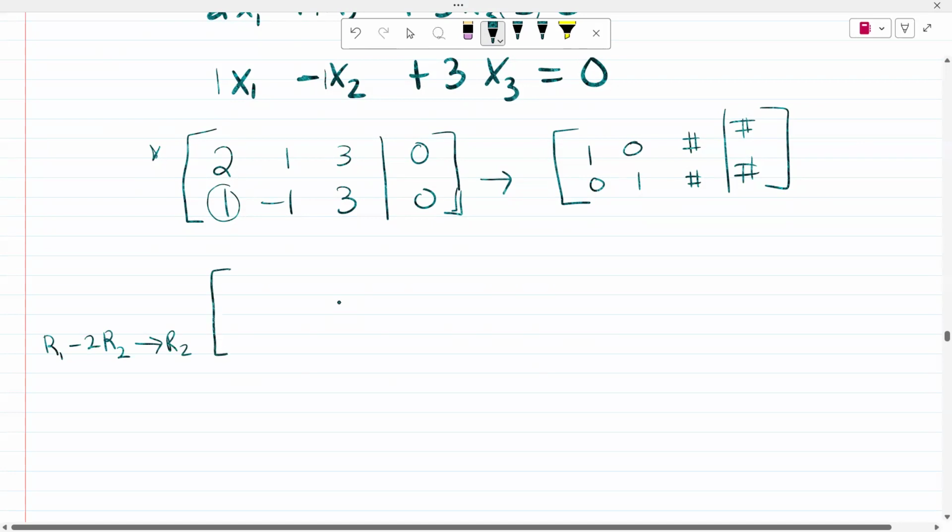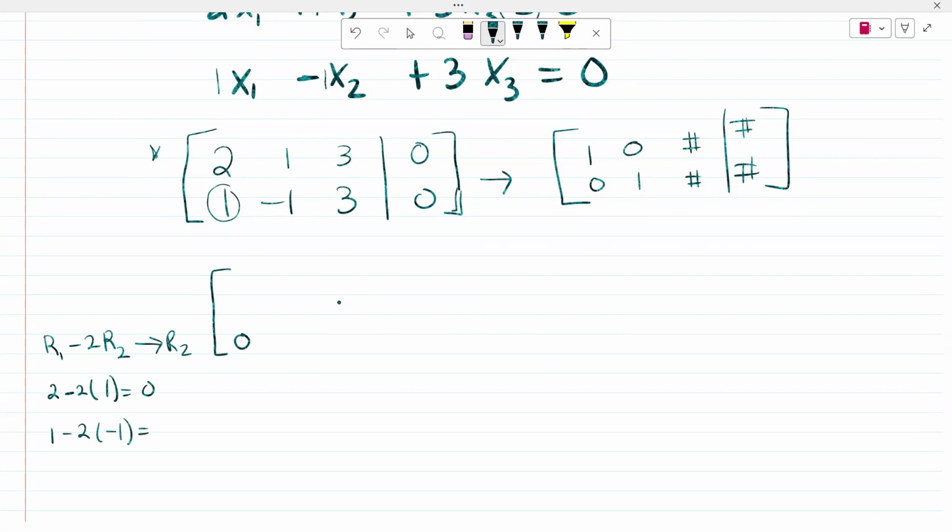Okay, so let's see. What's the first number in row 1? 2 minus 2 times row 2. What's the first number in row 2? 1. So what's 2 minus 2? 0. So this is 0. Continue the process. Second number in row 1 is 1 minus 2 times the second number in row 2, which is -1. 1 minus 2 times -1: -2 times -1 is positive 2, plus 1, that's 3.